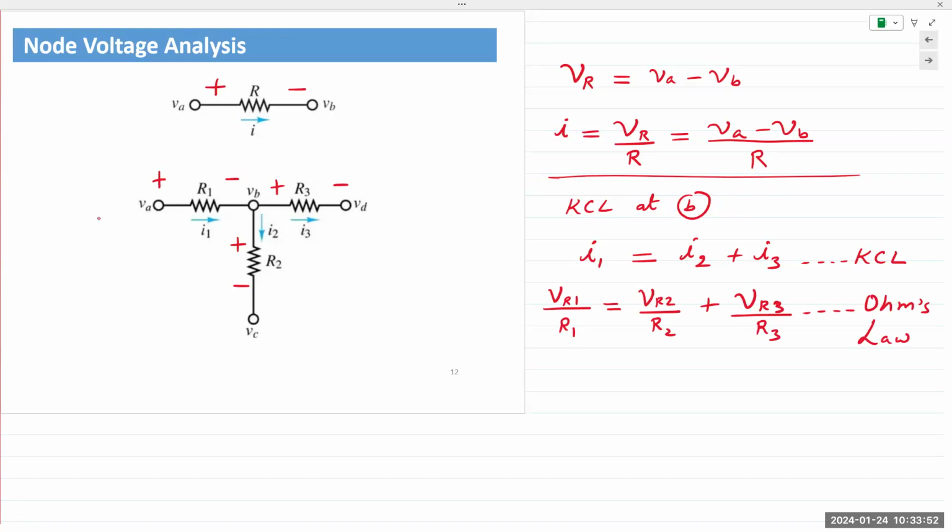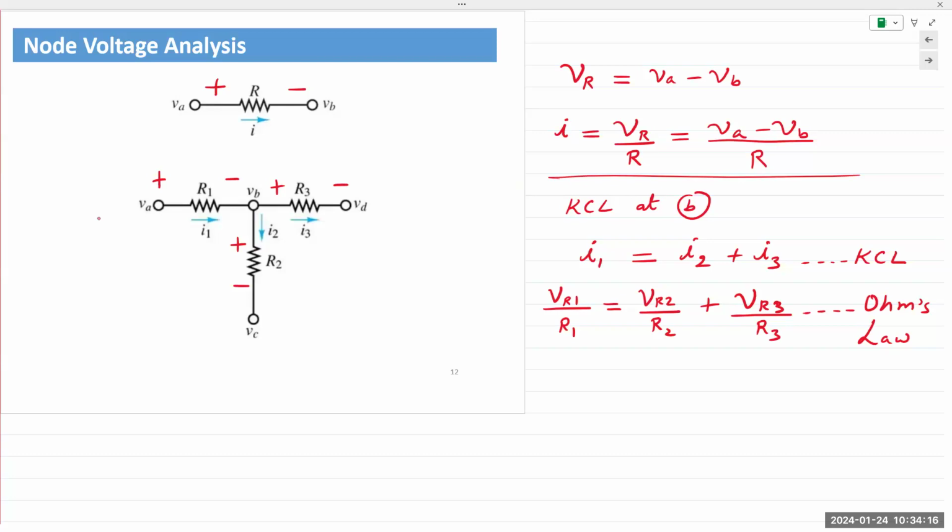Now you see where this is going, right? We apply KCL, we have our equation, then you express each current in terms of the resistor voltage. And then the next step after that is to express each resistor voltage in terms of the unknown node variables, or the node voltages.